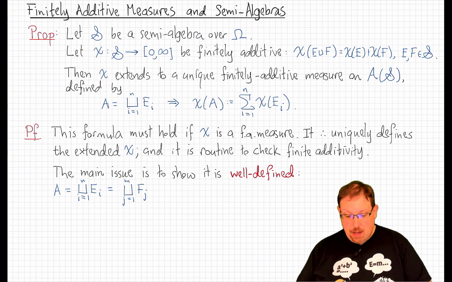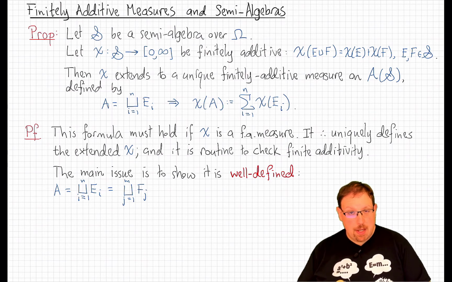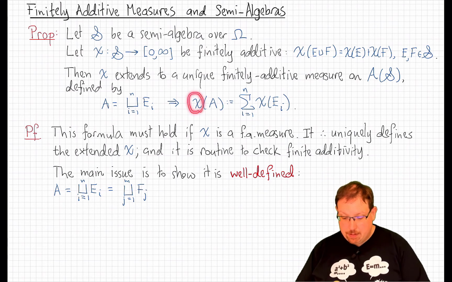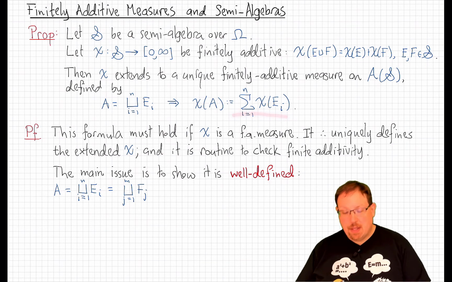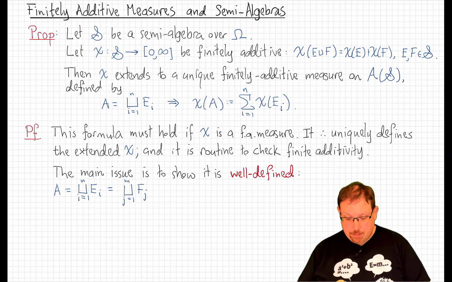Now, that formula must hold if this is going to be a finitely additive measure. But it's also clear that that formula uniquely defines the extension chi. And it is easy to check by the fact that it's defined as a sum over finitely many disjoint sets, that this is a finitely additive positive function.